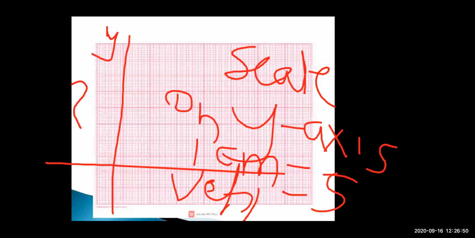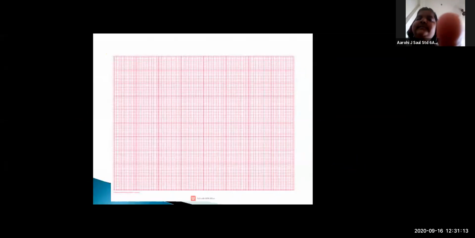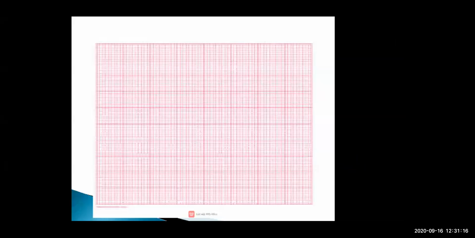I hope you people have understood how to draw lines on the graph paper. So here on this graph paper, you have to make a horizontal line, a vertical line, and those lines are called the x-axis and y-axis, then you have to write the scale. Now I will show you.